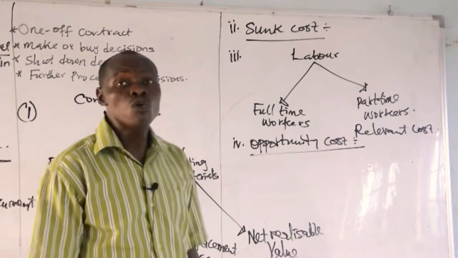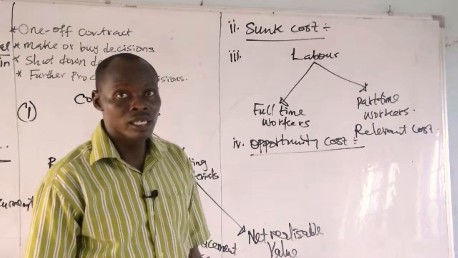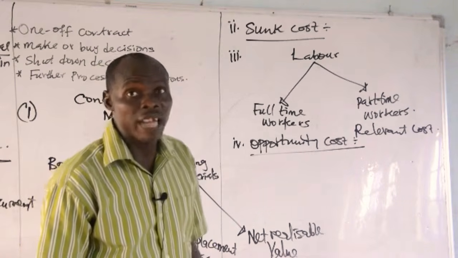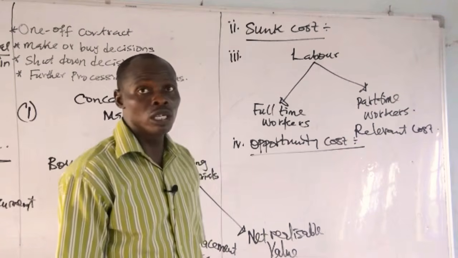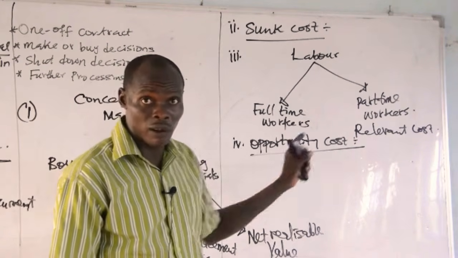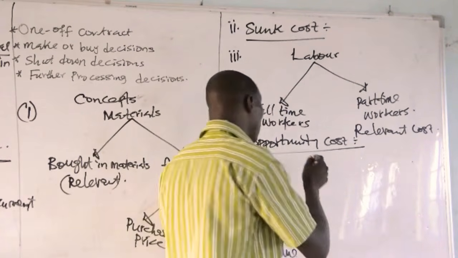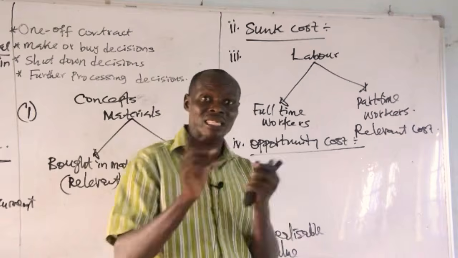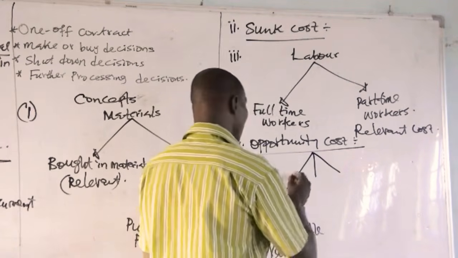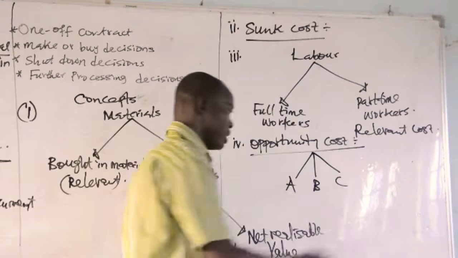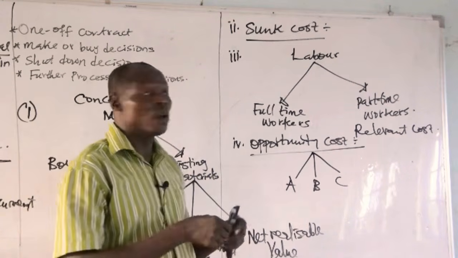And that is why we used to say opportunity cost is the alternative forgone. So meaning that before you can apply opportunity cost, you must have more than one alternative. Alternative means more than one option. You can have option A, B, and C, or A and B, or you might even have more than 3. So it is then that you can apply opportunity cost.